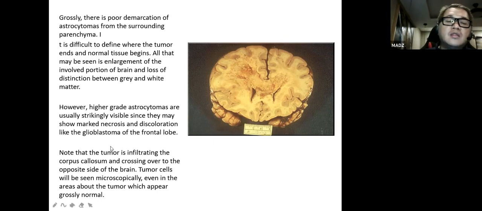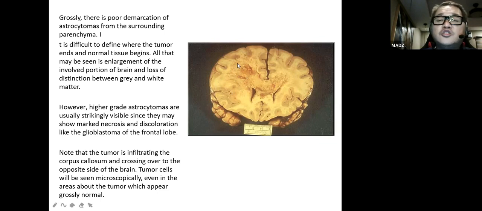Note that the tumor is infiltrating the corpus callosum and crossing over to the opposite side of the brain. The tumor cells will be seen microscopically even in the areas about the tumor which appear grossly normal. So here you see no tumor, but most likely there are cells because the gray and white matter distinction is lost. But probably it has already extended here.